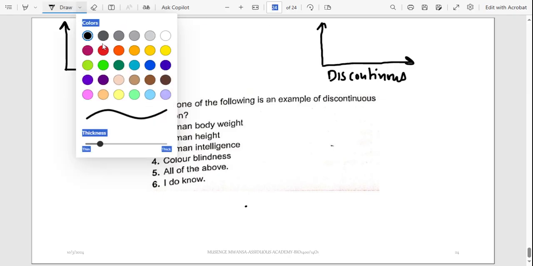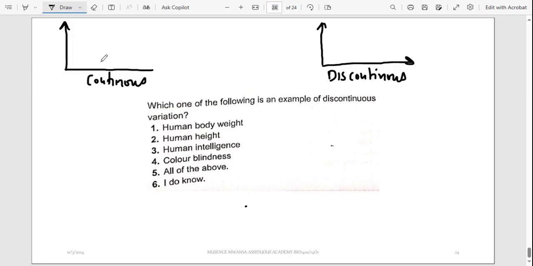So I want you to interpret what you can see. On continuous variation, you are going to see a graph like this. On discontinuous variation, you are going to see something like this. So what can you see? Continuous variation covers traits which have no limit to the value. For example, height. Someone can be 2 meters, someone 2.1, another 2.2, another 2.01, another 2.001. There is no limit to what you can have.